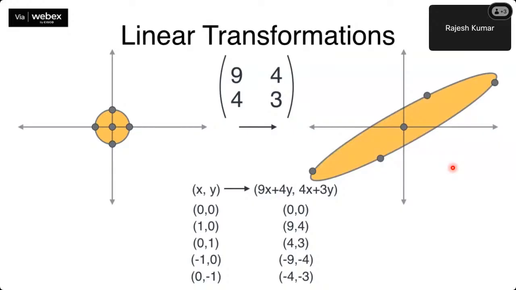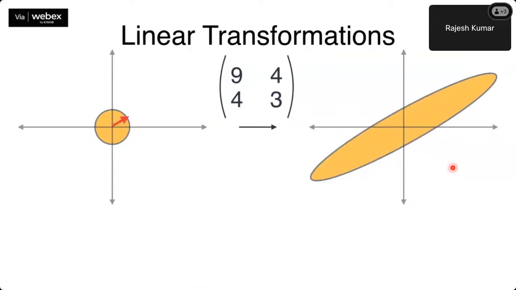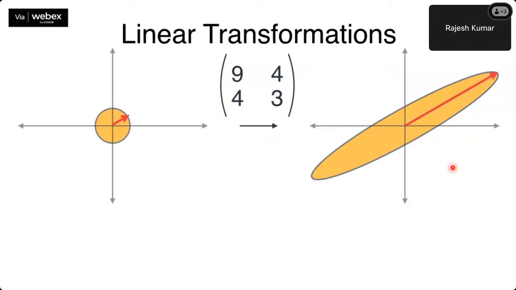If I do this matrix, and this matrix is a particularly designed matrix, you just check it. It is designed in a way that the diagonal elements are variance and the off diagonal elements are the covariance. But a few things you will find very interesting: there are certain point directions, like the one shown here in red, that remain the same.